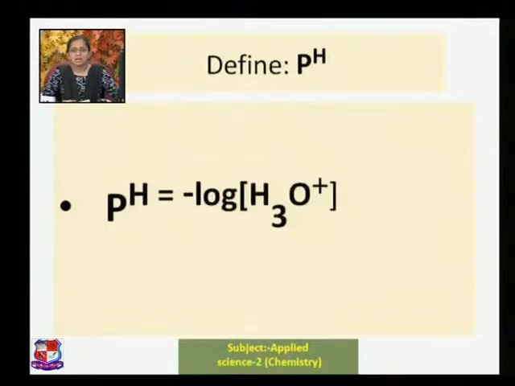If you see here the mathematical form of the pH, you can see whatever is said in the definition is incorporated here. Minus log of H3O+ means negative logarithm of the concentration of H3O+ ions that are expressed in moles per liter to the base 10. The square brackets indicate the concentration of the H3O+ ions.